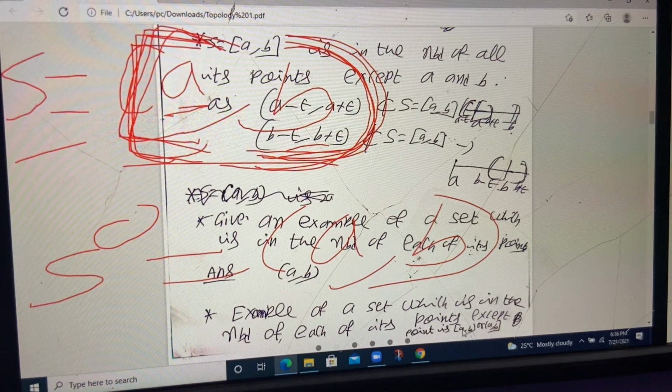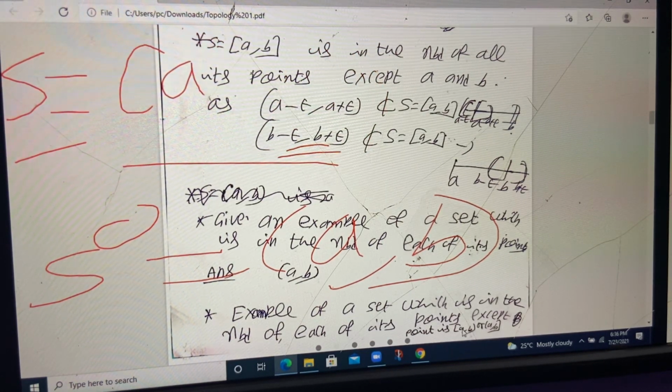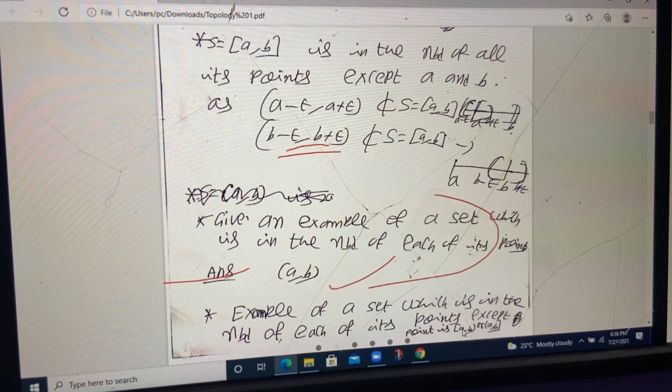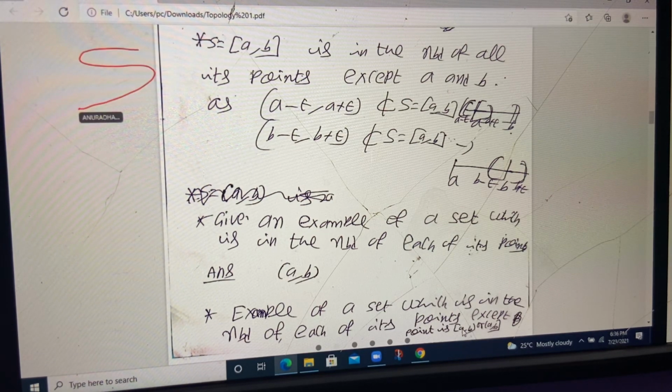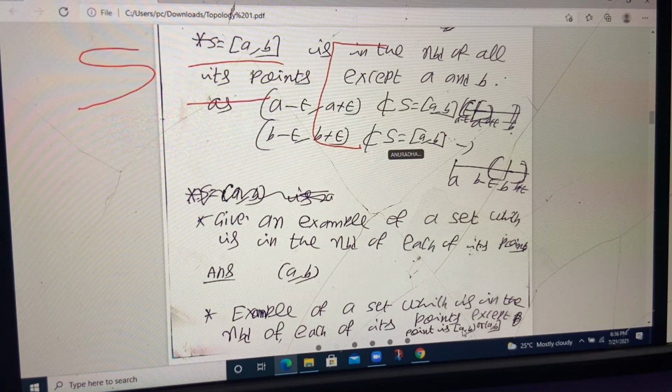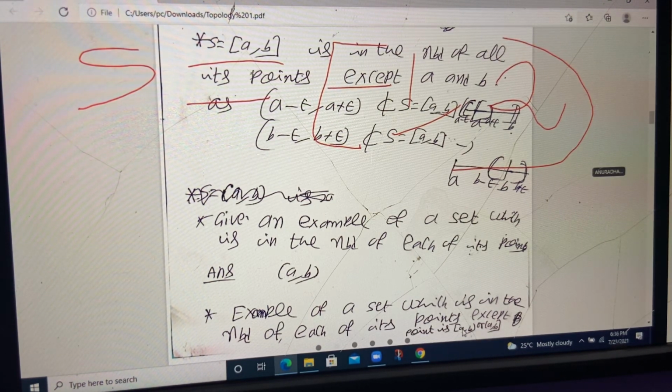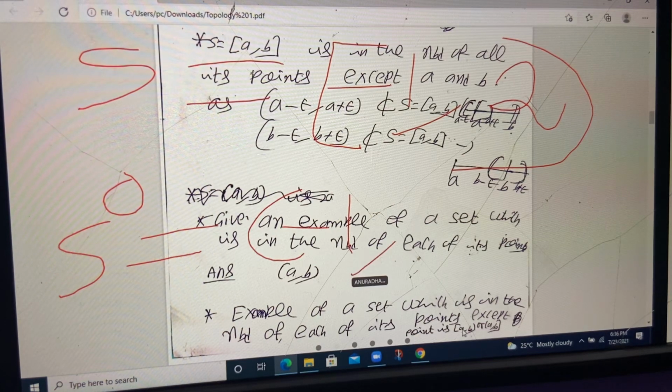So what is the example for this? For any interval, take the example for this. Just write below this, later you will understand. If S is equal to, for example, [-1, 2), left closed, right open, what is S interior?